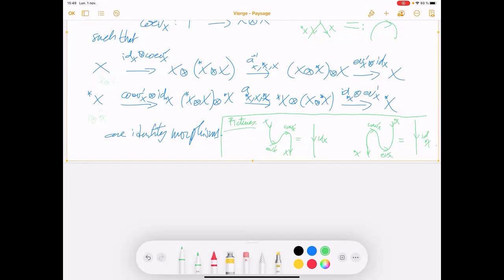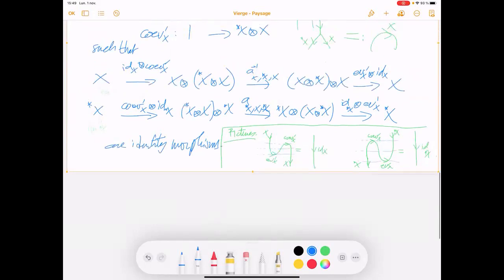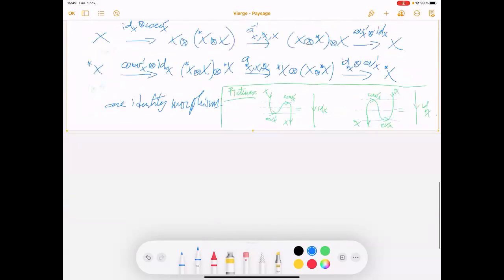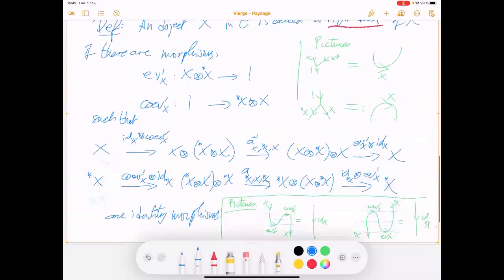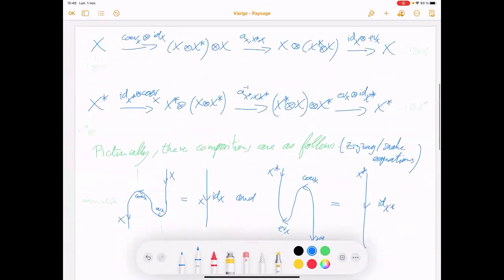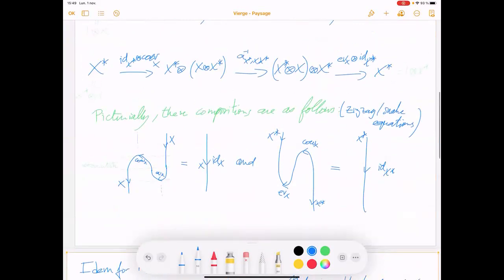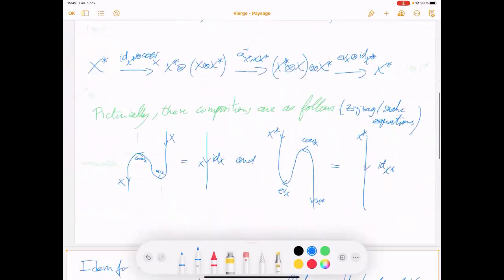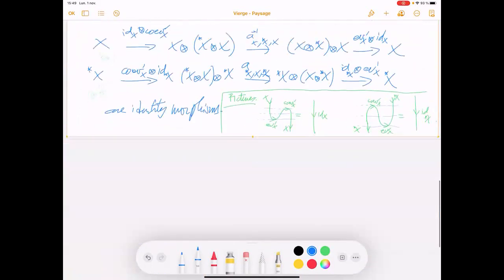Again, you have the three steps: the co-evaluation, the associativity, and the evaluation. Co-evaluation, associativity, evaluation. Okay.